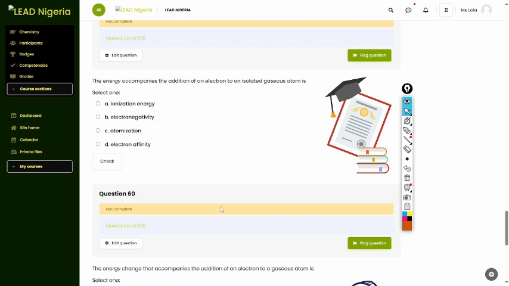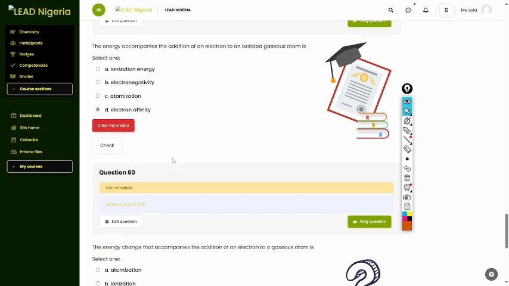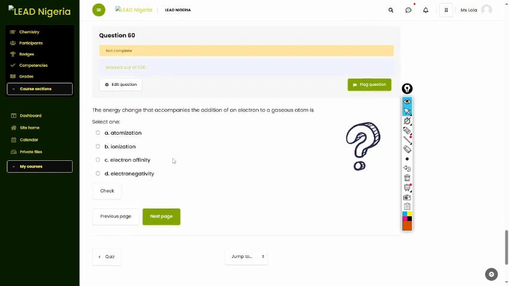So when an atom gains an electron, energy released is called the electron affinity. But when an atom loses an electron, the energy required to do that is called the ionization energy. So that means the correct answer here would be electron affinity, which is D. The energy that accompanies the addition of an electron to a gaseous atom is called the electron affinity.